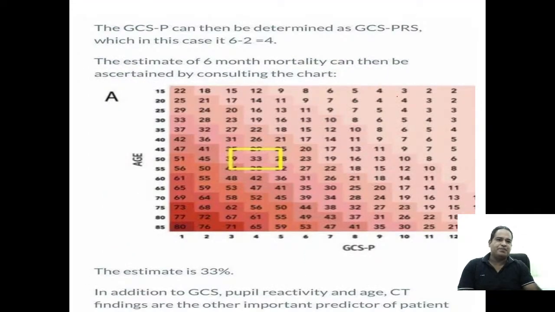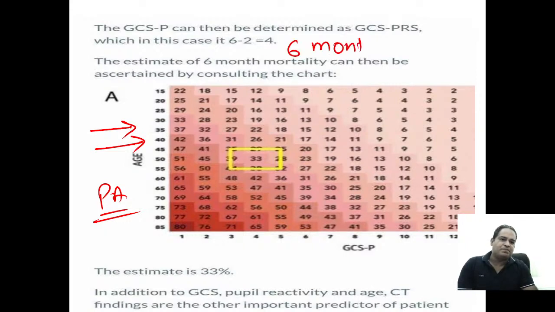This is how we calculate the GCSPA score. So that tells you about the average expected 6 monthly mortality. Only the GCSPA score can do it.